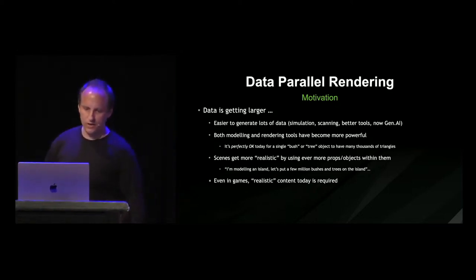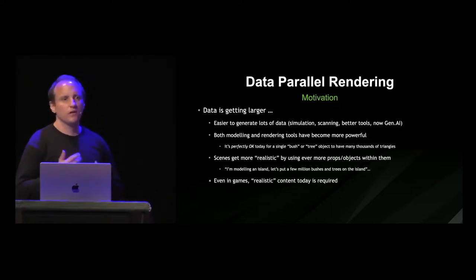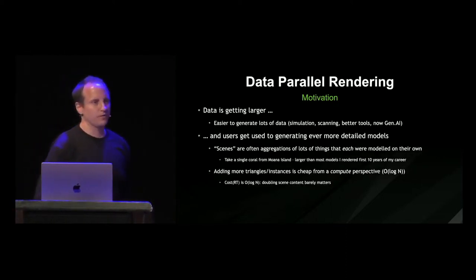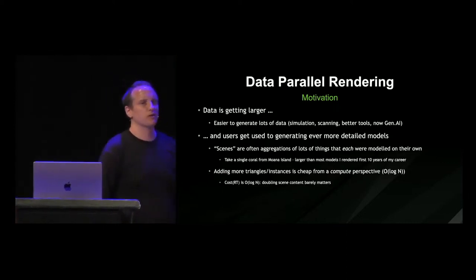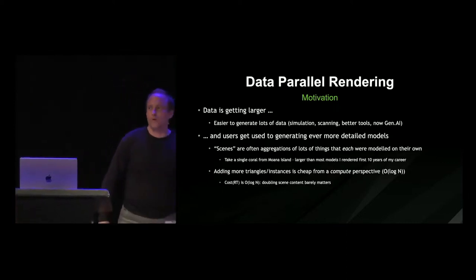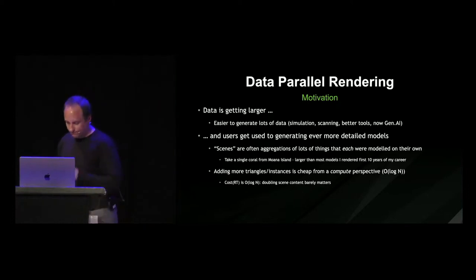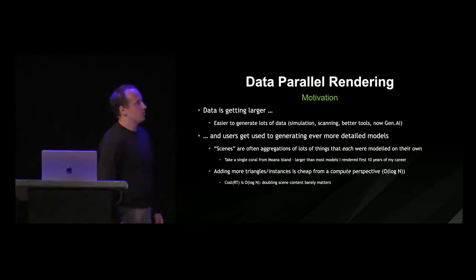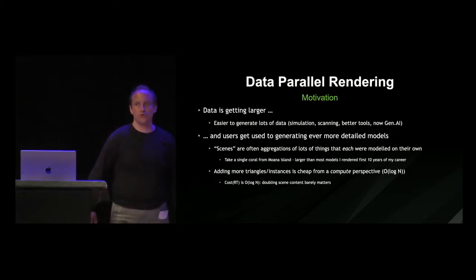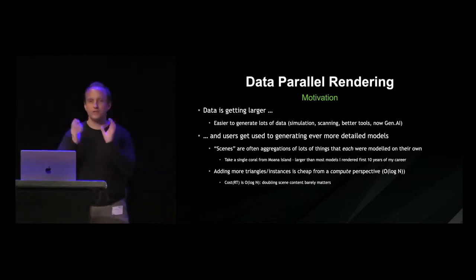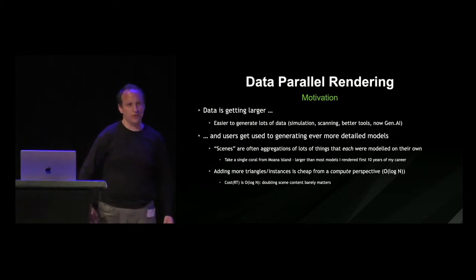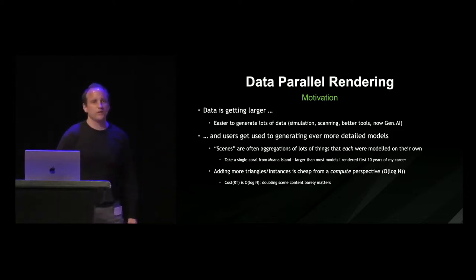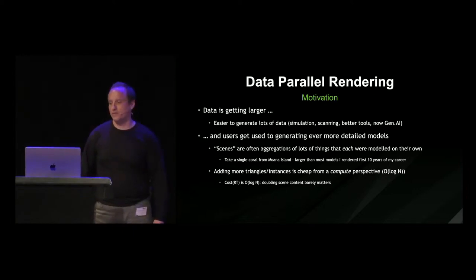There are other factors that also facilitate this, like the fact that many rendering pipelines nowadays are based on ray tracing, where the complexity is no longer bound by the geometry, or is only logarithmically bound by the geometry. That means adding twice as much geometry doesn't make you twice as slow, so big scenes are nowadays even commonplace in games.